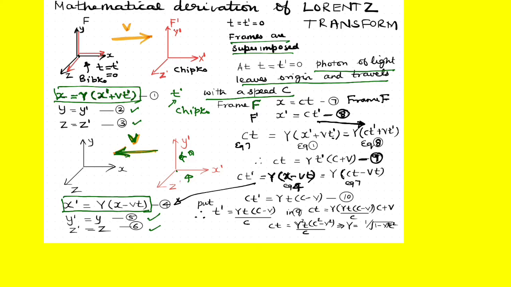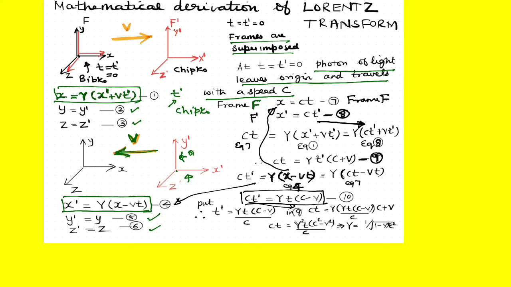And x is replaced as ct, and that is coming from equation 7. Taking c common out from here, we get the equation ct dash is equal to gamma into t into c minus v. Equating both, that is, t dash is equal to, now take the c down, we get gamma t into c minus v by c. Now let's replace the t as gamma into t.